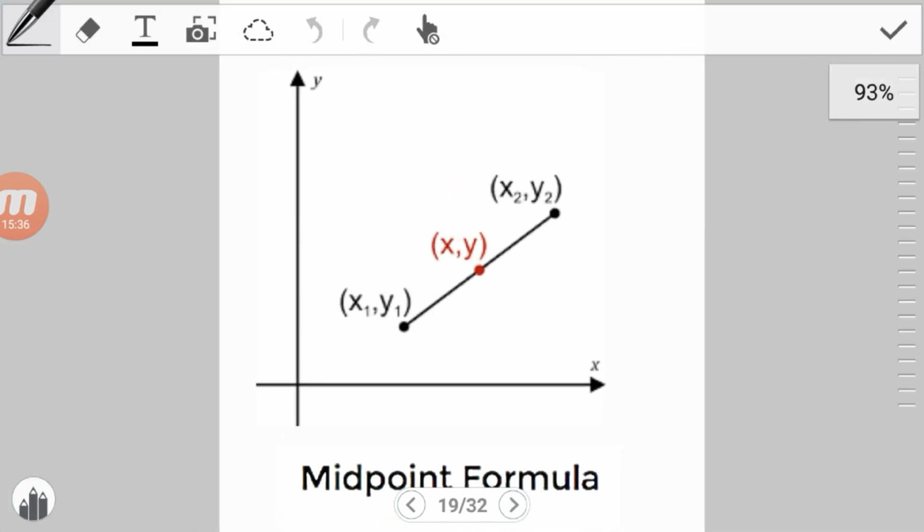So before we go into the examples, let's have a look at a picture. Here we have a line, and here is the starting point of the line, x1, y1, and here is the ending point of the line, x2, y2. So there you can see that when we find the sum of the x ordinate values, that is x1 plus x2 divided by 2, and when we find y1 plus y2 divided by 2, we end up with the midpoint value here of x, y.